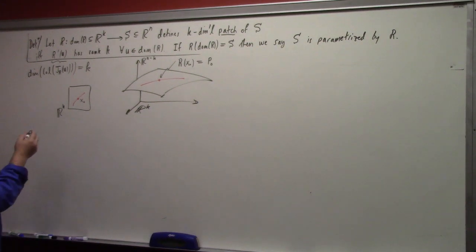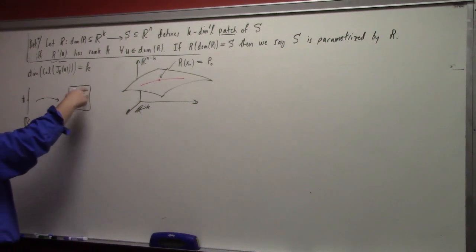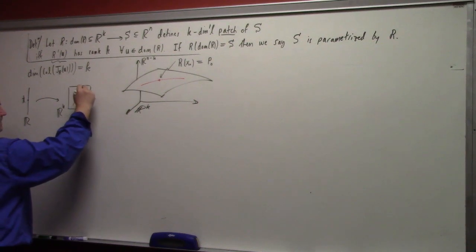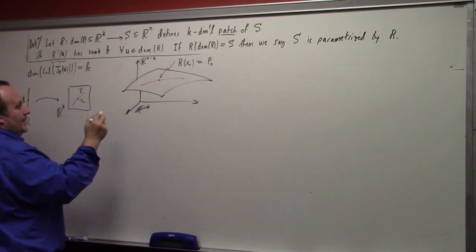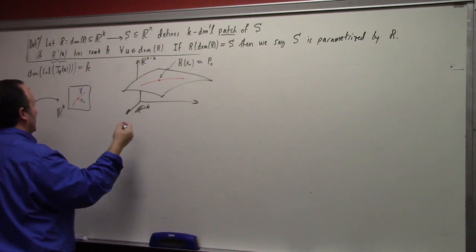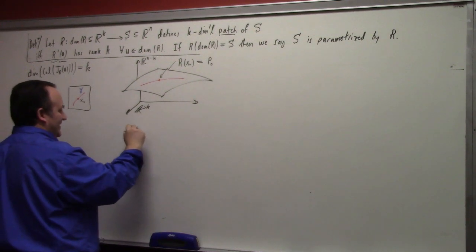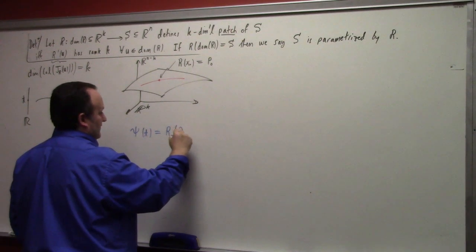So if I have a copy of the reals over here, and I take a path that takes time over here and gives me this path over there, like say gamma, then of course I can look at, I'm just running out of letters here, I can look at psi, let's say, of t as equal to R of gamma of t.